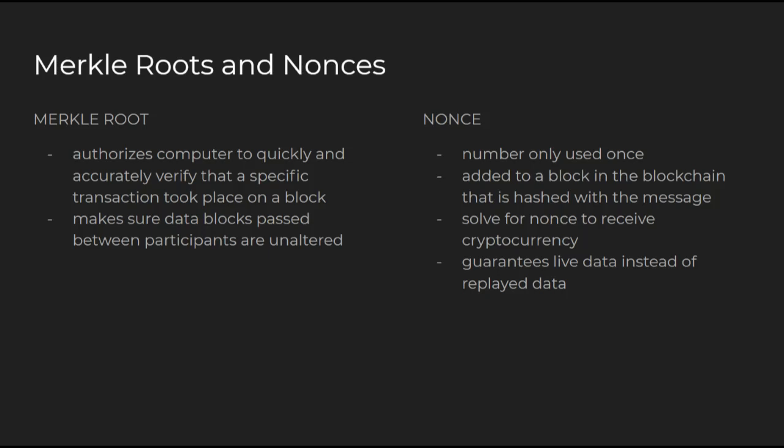And this is done by a block hash, a Merkle root, and a nonce. So the previous hash of the block is actually the hash of the previous hash plus the Merkle root and the nonce together. And that's going to be linked to each block with the previous hash of the previous block.